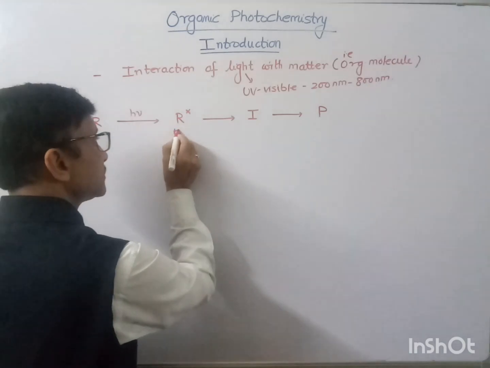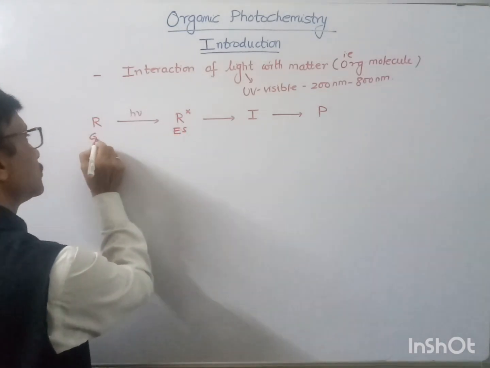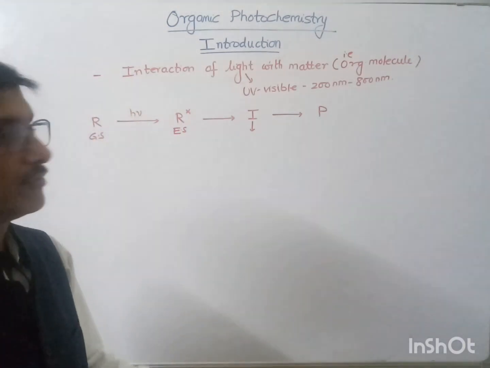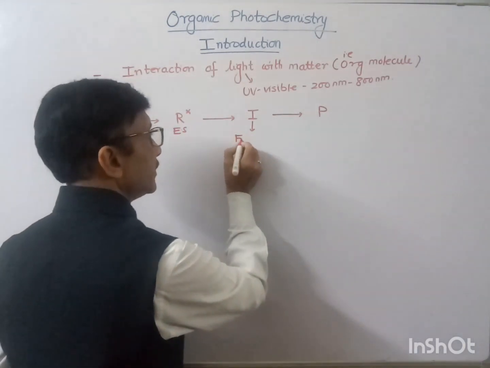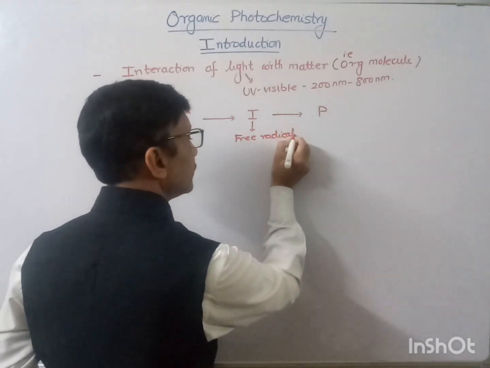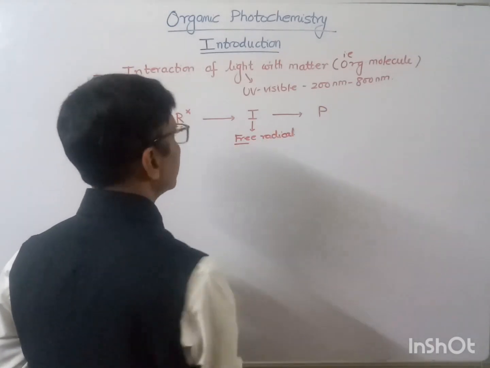So this is the excited state and this is the ground state. Usually in photochemistry, free radical intermediates are the most common intermediates formed.